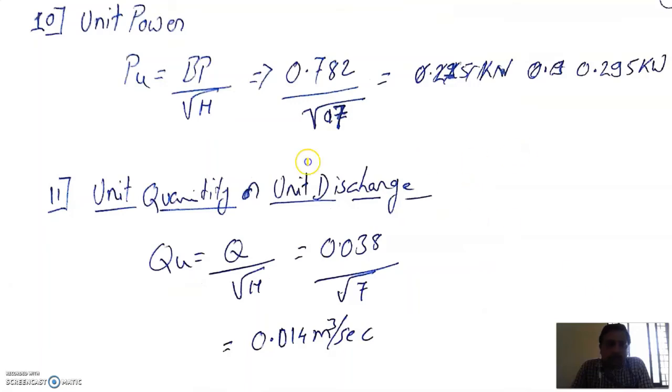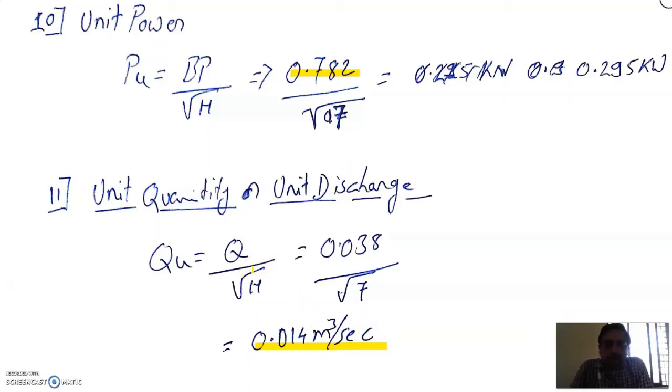Next you find out the unit power, which is equal to BP, already found, by H to the power 3 by 2. Next is the unit quantity or unit discharge, which is Q by under root H. You find it using this equation.